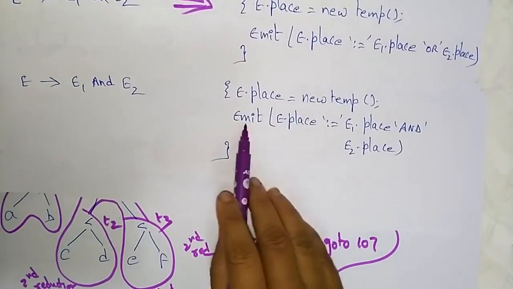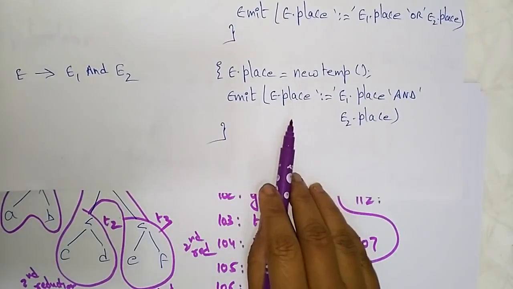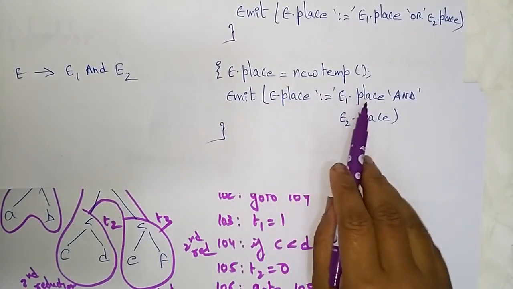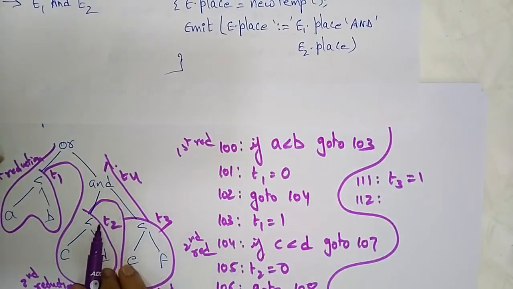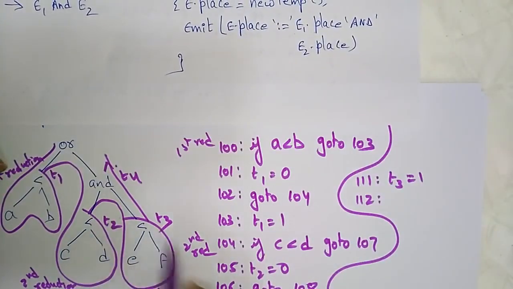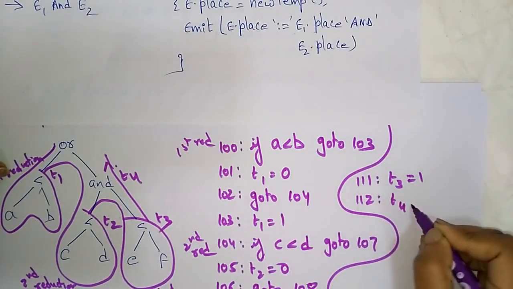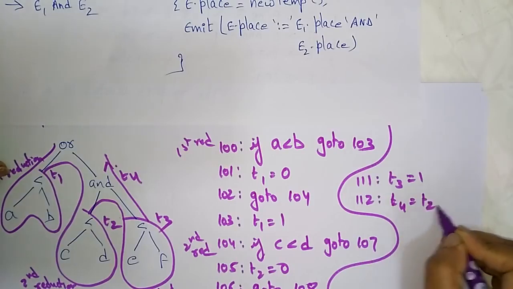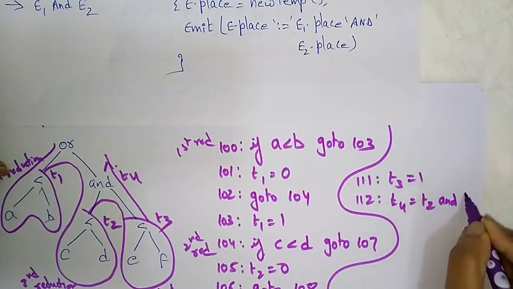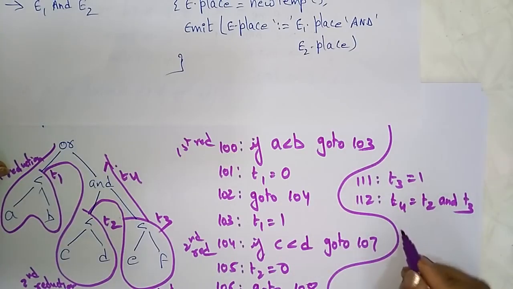Now E dot place, that is the temporary variable T4, is equal to E1 dot place and E2 dot place. E1 dot place is T2 and E2 dot place is T3. So the temporary variable T4 is equal to T2 and T3. Now the next statement is 113.